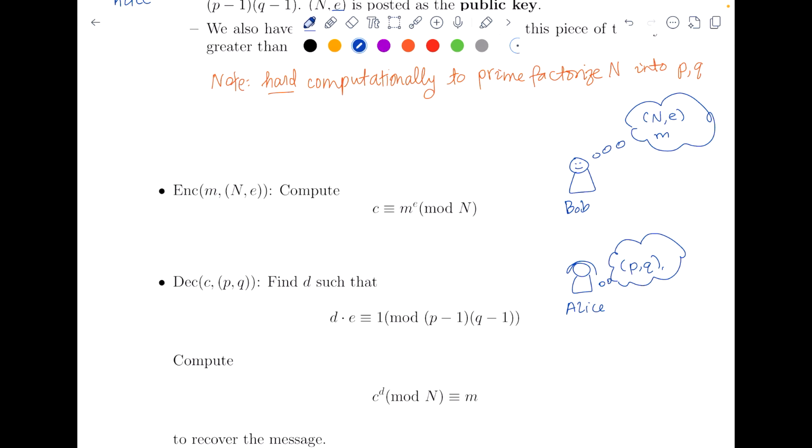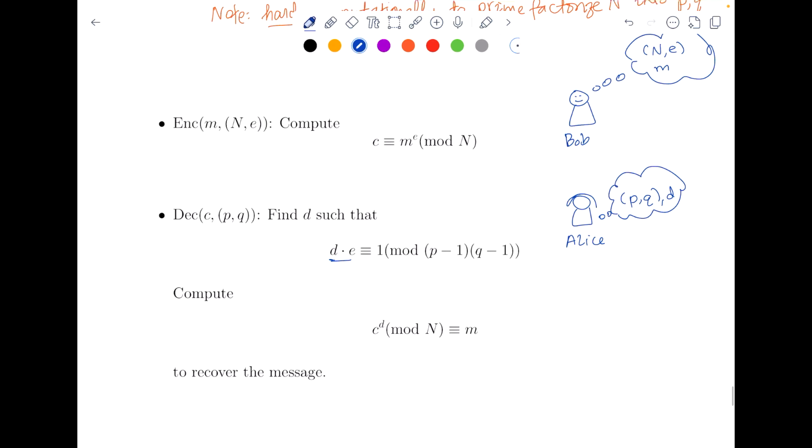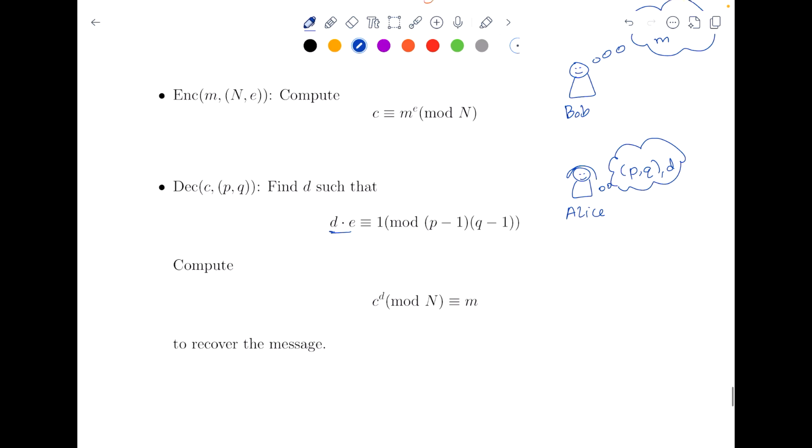She can also calculate D. She can find that D such that D times E is equivalent to 1 mod P minus 1 times Q minus 1. And she can compute then C to the D mod N.